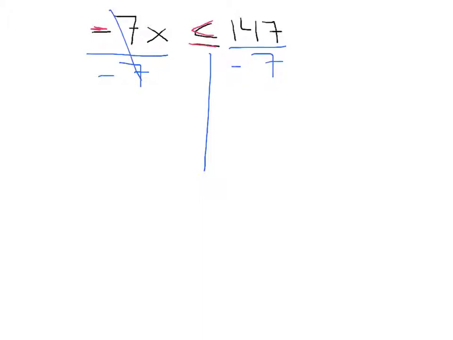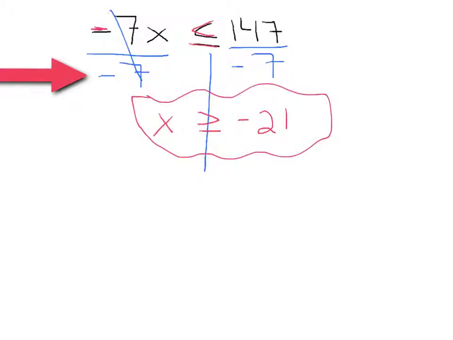Well, as you can see, we are dividing both sides by a negative. So when I write my answer, I have x, and then I have to flip the sign, so instead of less than or equal to, it's greater than or equal to. And 147 divided by negative 7 is negative 21.